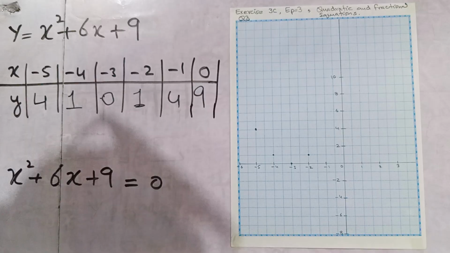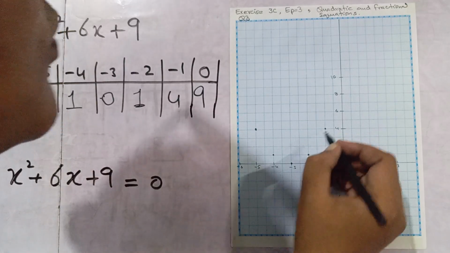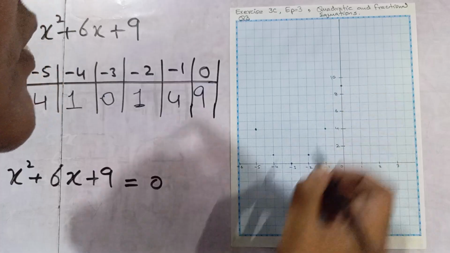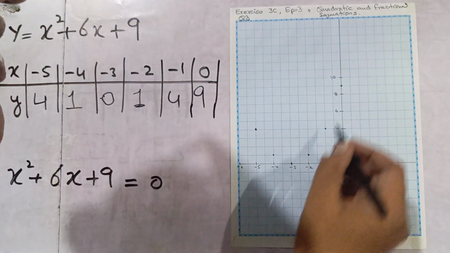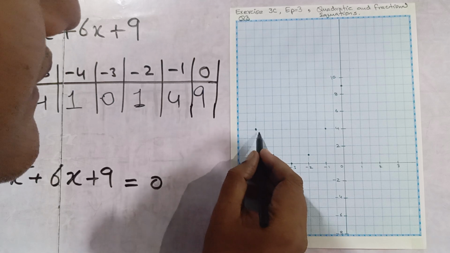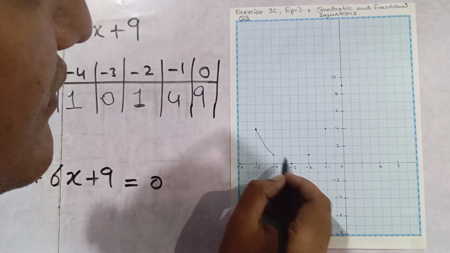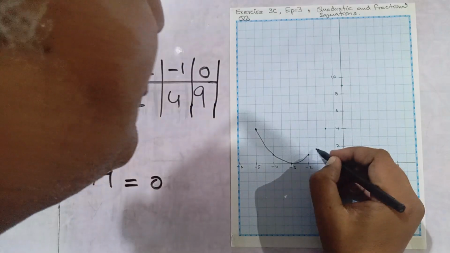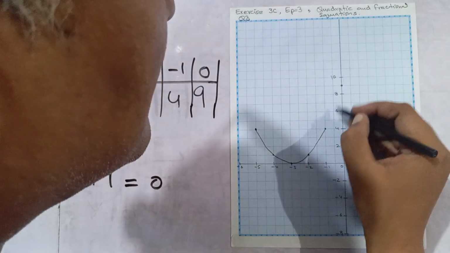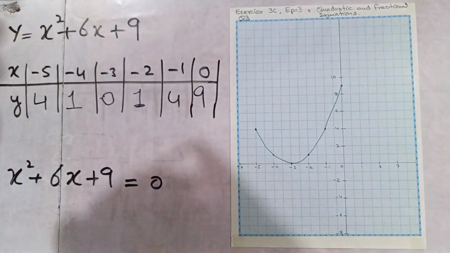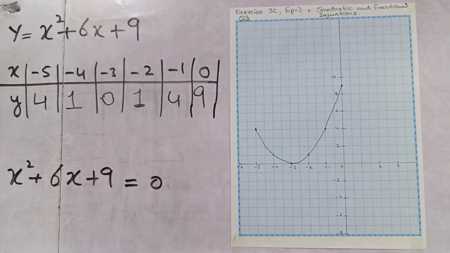At -1, it is 4. And at 0, we have 9. You see, this is in a very good balance. Symmetry is good, so I can plot it. This shape is called a parabola. This is how you will draw this graph.